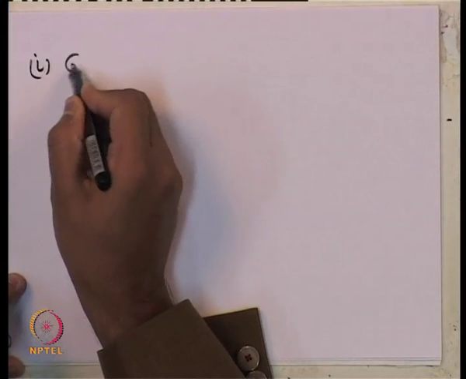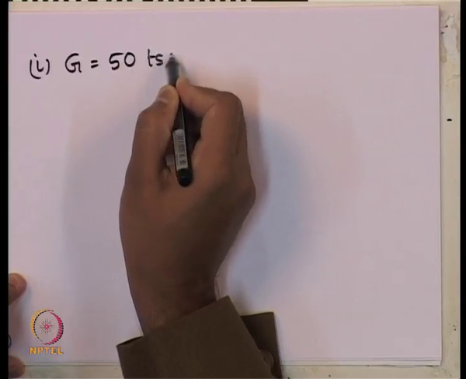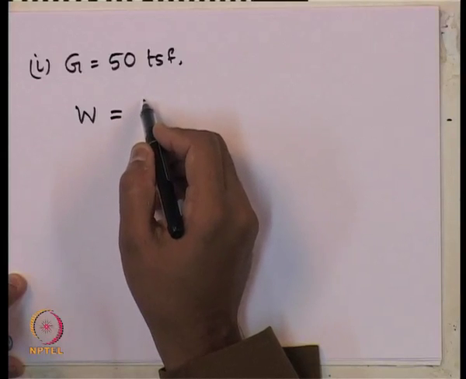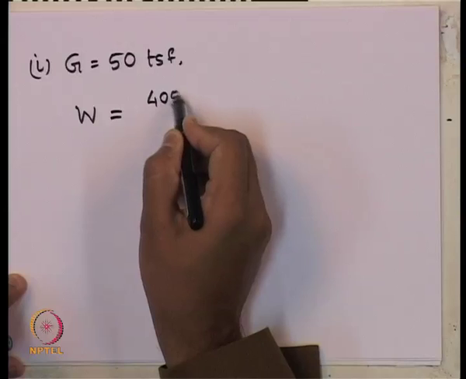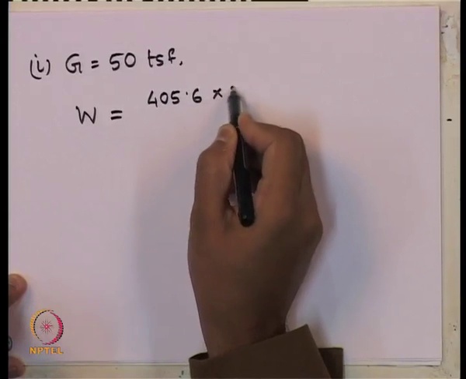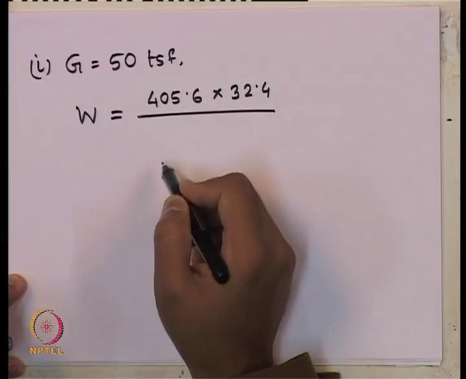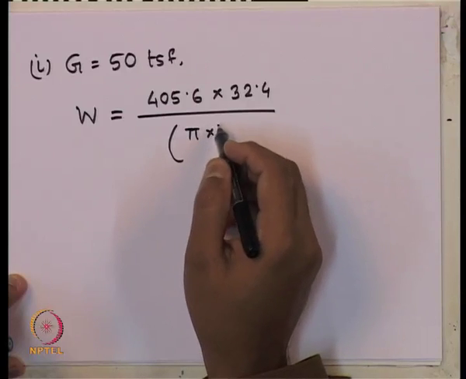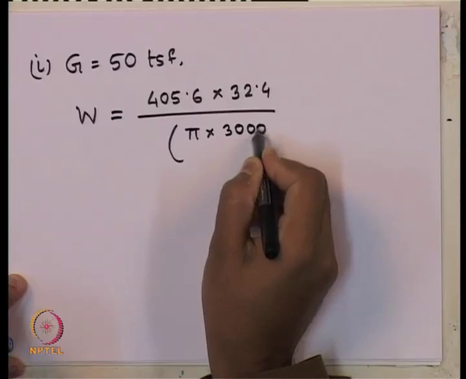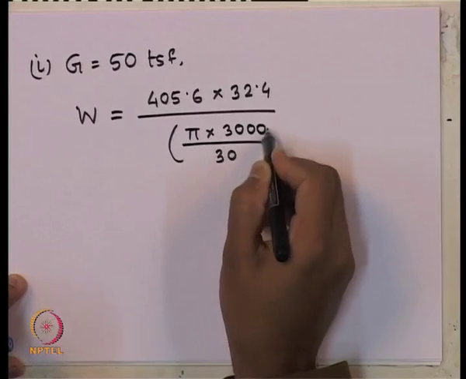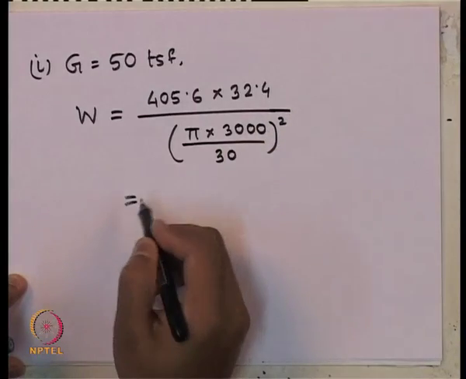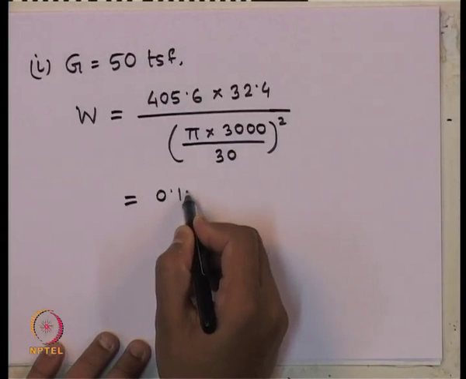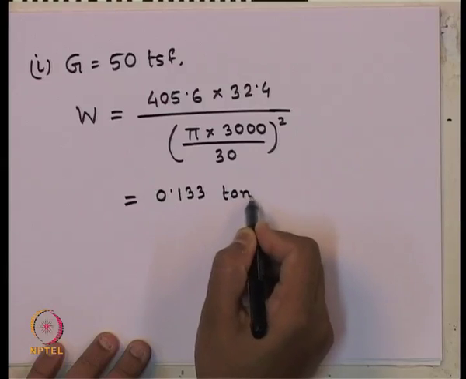For first type of soil, that is G equals to 50 TSF, W is coming out, K how much we calculated? 405.6, g is 32.4, pi into Fn is 3000 by 30 whole square. How much we are getting? It is coming 0.133 tons.